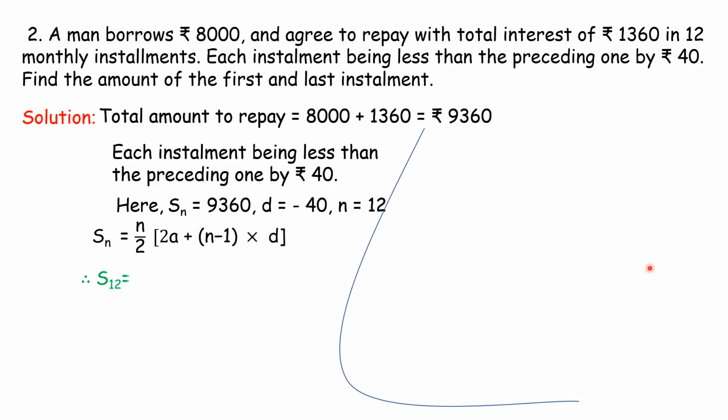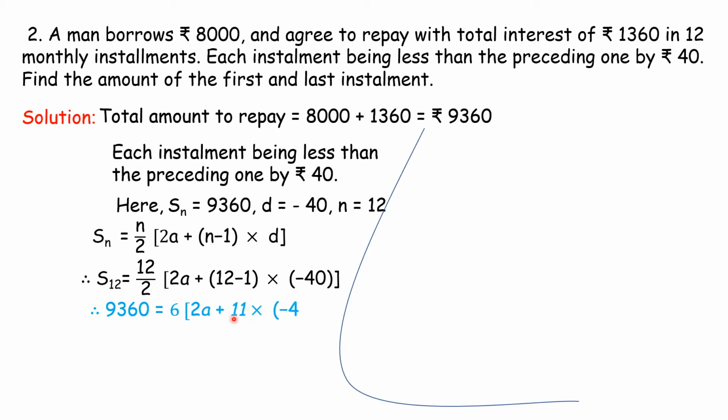Now substitute the values. Sum of 12 terms is equal to 12 upon 2 into bracket 2a as it is, substitute the value of n, that is 12 minus 1 into minus 40. Therefore, 9360 is equal to 6 into 2a plus 11 into minus 40.